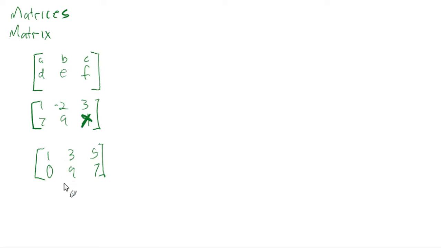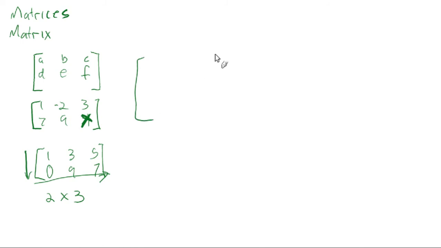So this matrix would be, this is kind of a weird thing that we're not used to. First we look at the vertical, then the horizontal. Okay, so how tall is it and how wide is it, or how many rows are there and how many columns are there. So there's 2 rows by 3 columns.